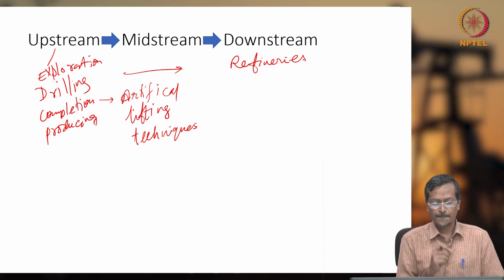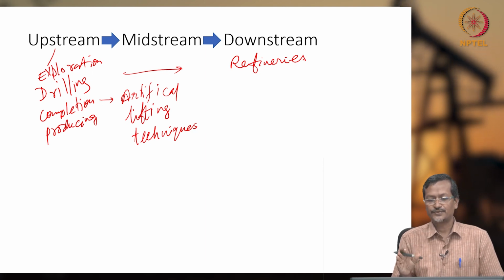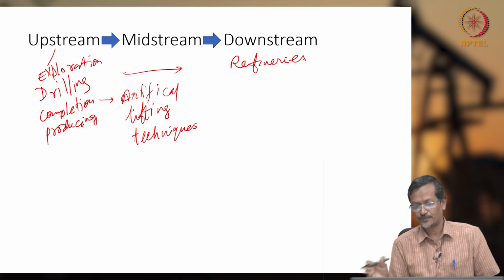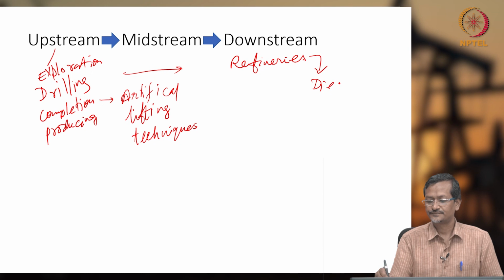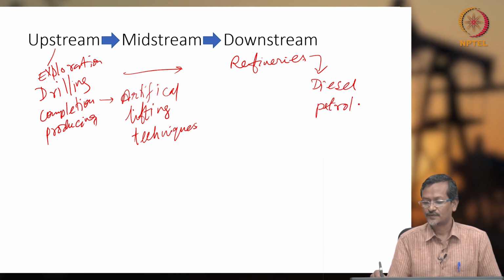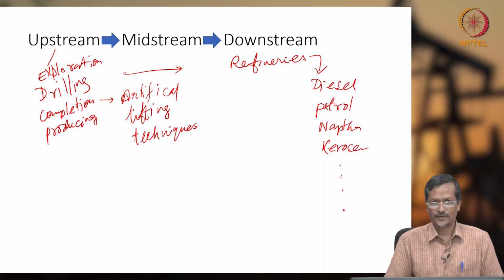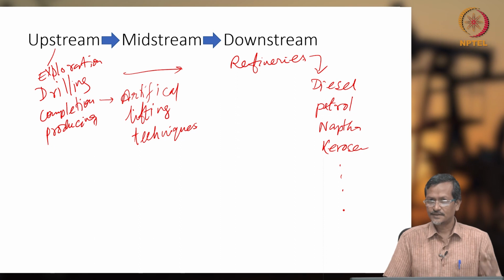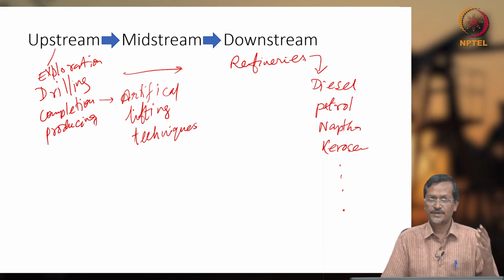Now, the next thing is that when you get produced fluid like oil and gas, then you send it to downstream through midstream, to the refineries. After refineries, you are getting diesel, petrol, naphtha, kerosene, aviation fuel, many other fluids you can separate, and other things also you get, like plastics and many medicinal compounds from the refineries.